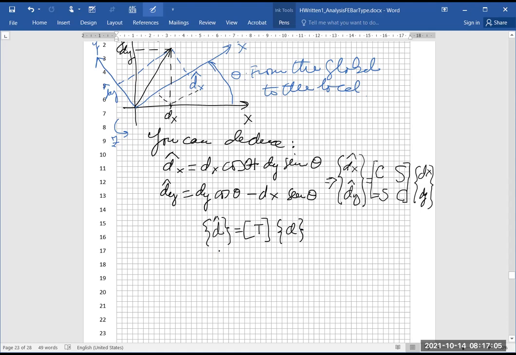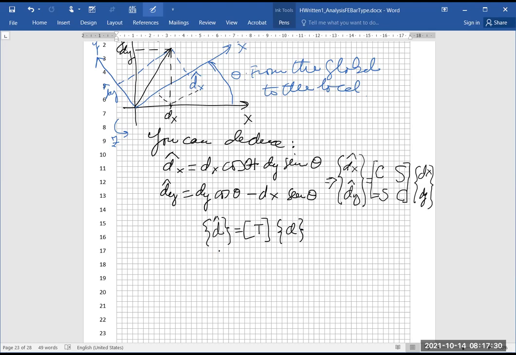Okay, so D local is equal to T times D global. What is T? Cosine sine minus sine cosine. Please repeat that a couple of times and you will remember. Or if you have good memory, you just need to do it once.